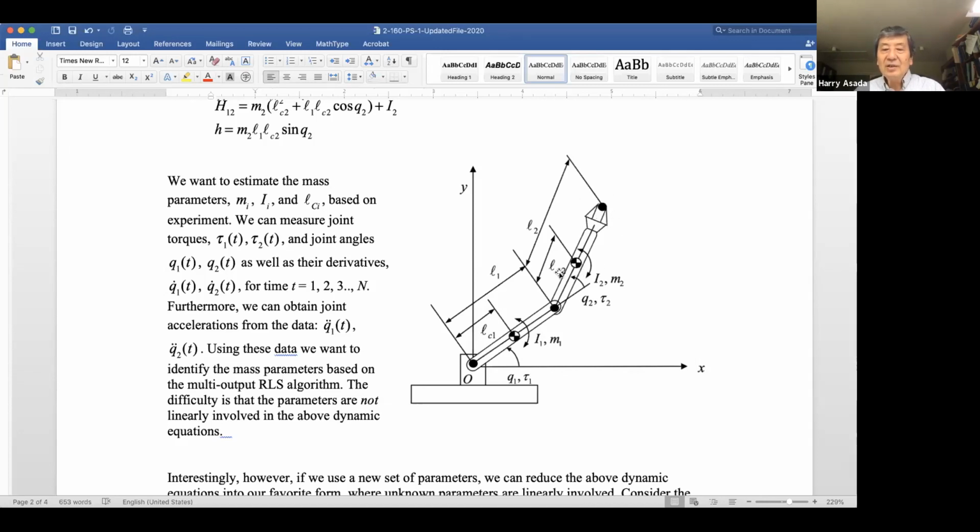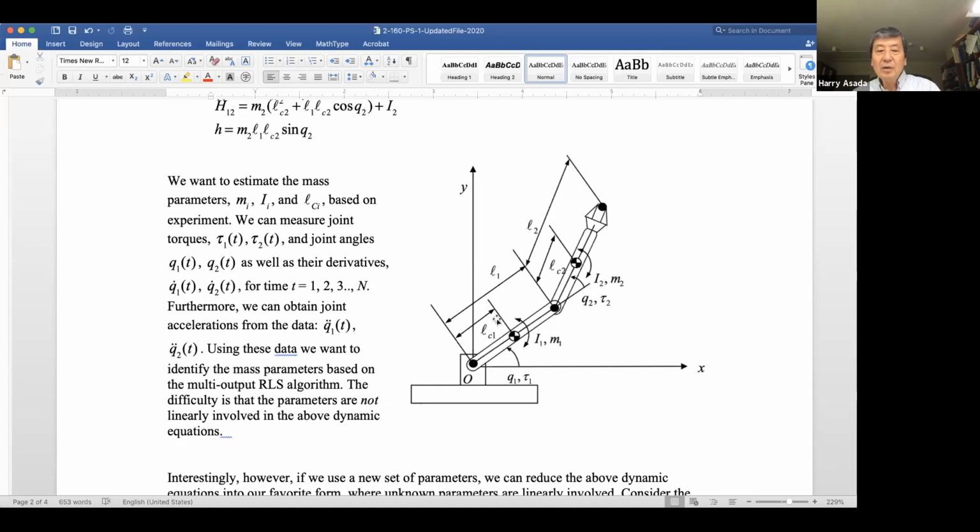The second link's total mass is m2, and the location of the center of mass of the second link is at the distance LC2 from this joint. The center of mass is here, and the centroidal moment of inertia is I2.